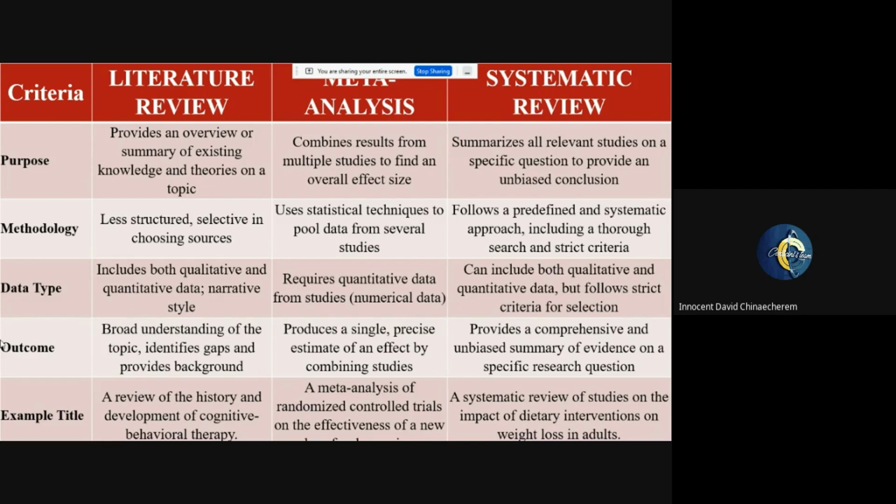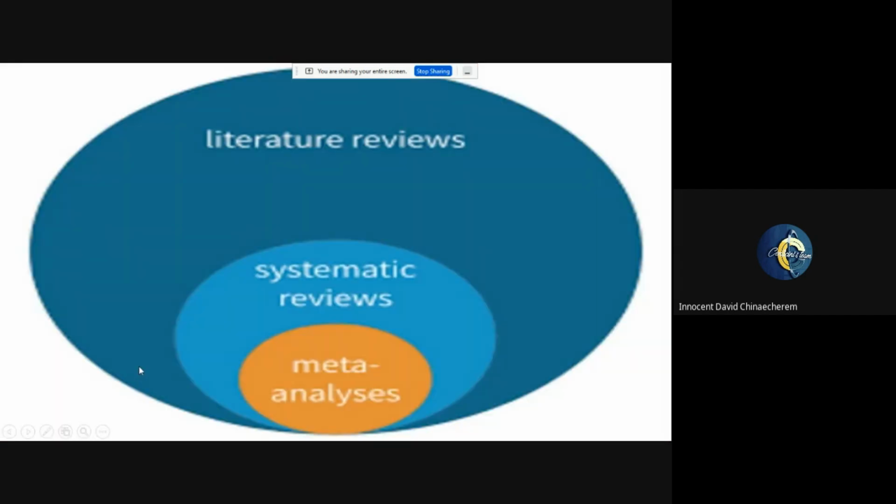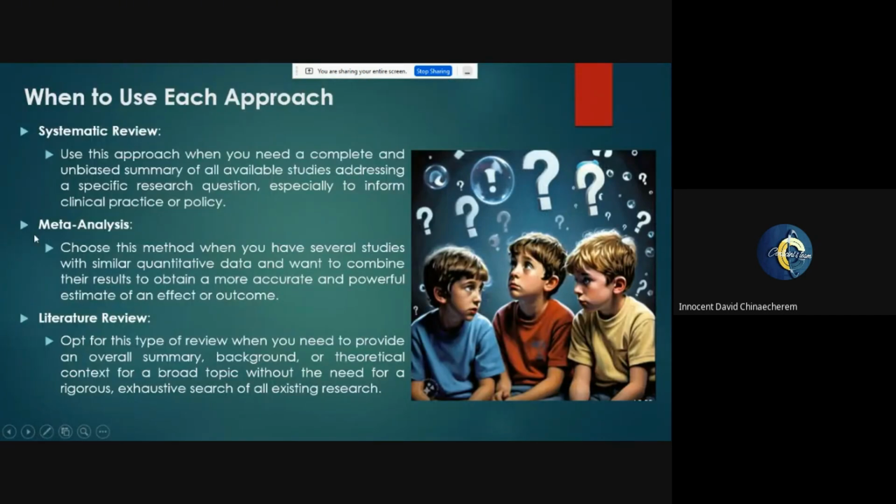Now, we also provided examples, right, for the titles. And they're actually way more than this. Then we made it clear when you need to use each of the approaches, right? If you want to perform a systematic literature review, you need to know when, right? And that is, first of all, when you want to inform practice. If you remember our last section in our last video, we talked about the importance of a systematic review, right?